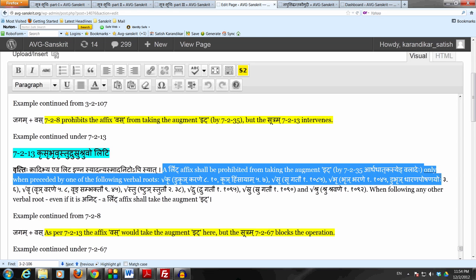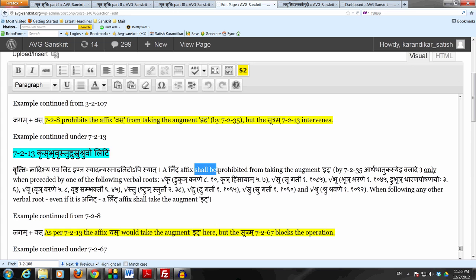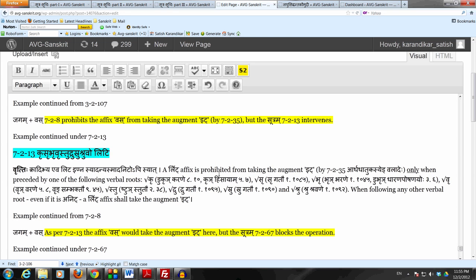Following any other verbal root, even if it may be aniṭ, even if it may normally prohibit the iḍāgama, it doesn't matter. If the affix is a liṭ pratyaya, then following any other verbal root not listed here, the liṭ affix cannot be prohibited from taking the iḍāgama.